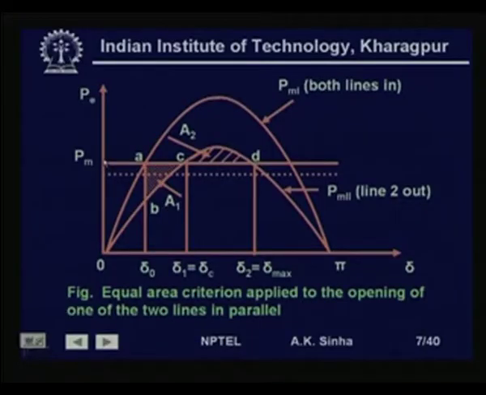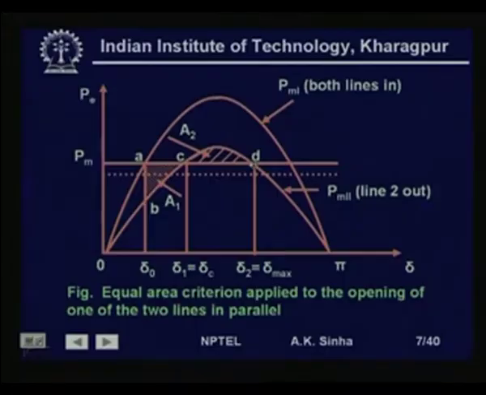If we work at any point above this, then the decelerating area available will become less than the accelerating area, and therefore the acceleration of the rotor will continue, we will go beyond this point, and the system will lose stability, that is, the rotor will be under a runaway condition.